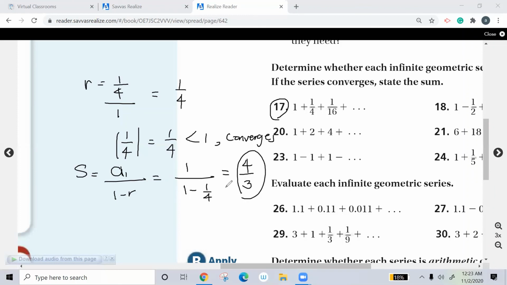The sum is 4 over 3. If you want to do it manually, subtract first 1 minus 1 over 4 and divide it from 1, or 1 divided by the answer from 1 minus 1 over 4. Okay, that is for problems number 1, 2, and 3.